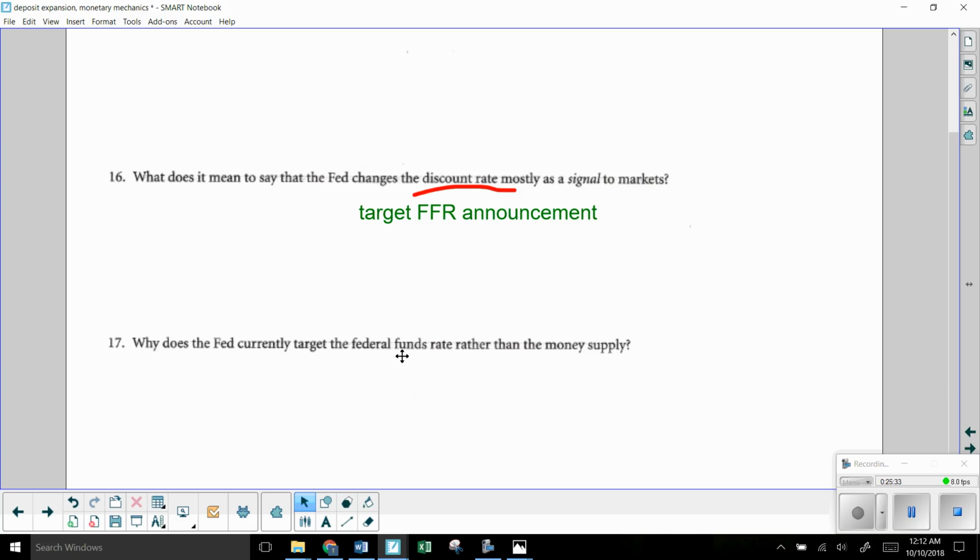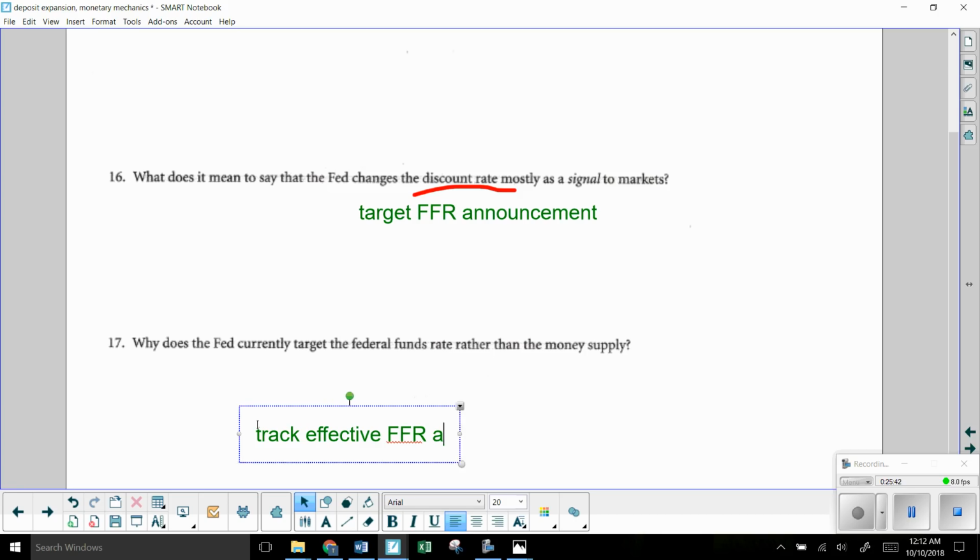They've found that an easier approach is to track the effective federal funds rate and compare it to the target.